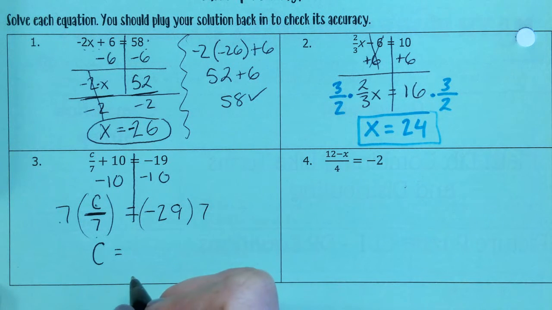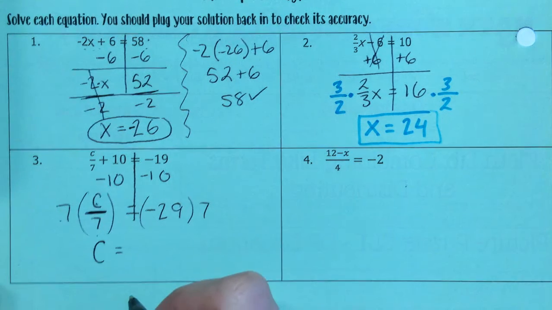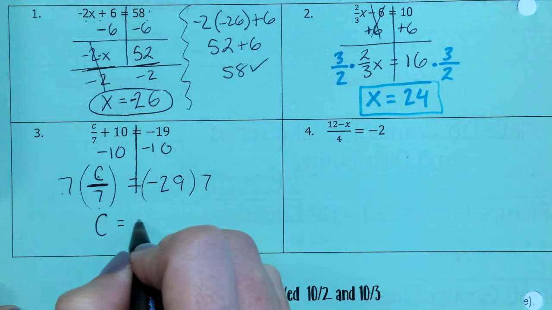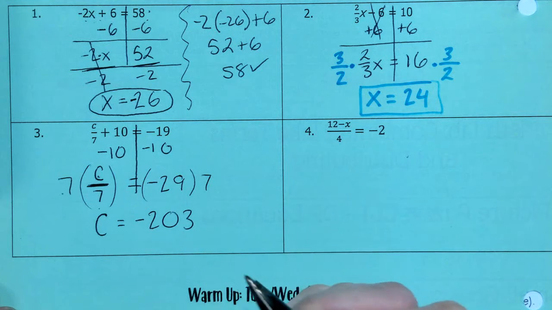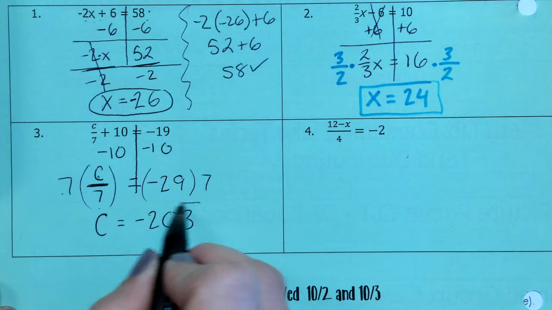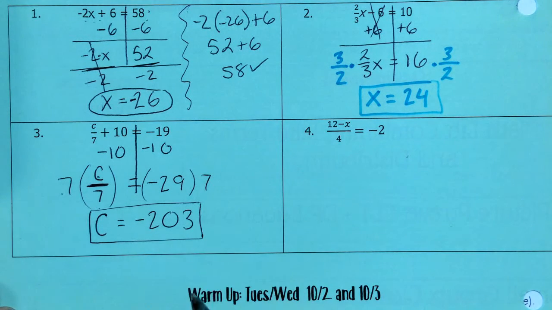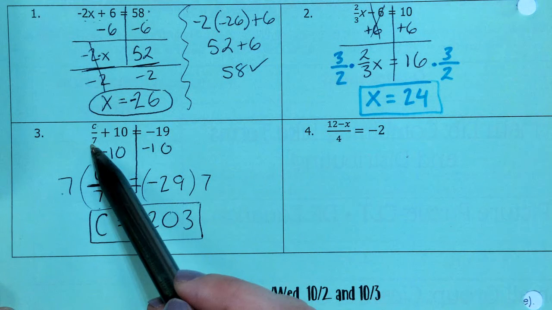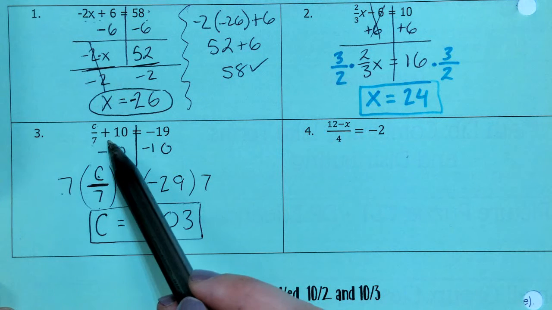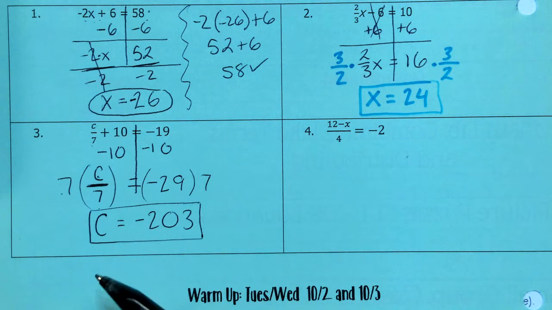And negative 29 times 7, what's that? 203? Okay. So c equals negative 203. Negative 203 divided by 7 is negative 29. Negative 29 plus 10 is negative 19.